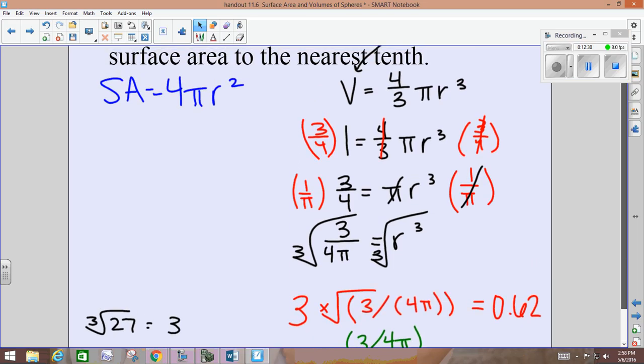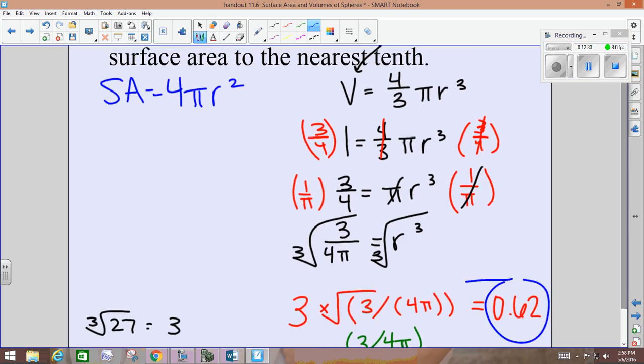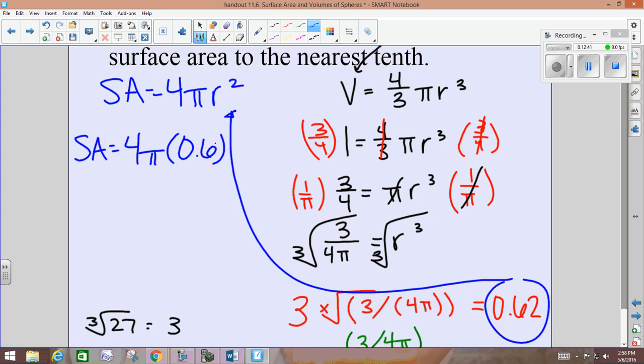So now we're going to take 0.62 and substitute it in over here to the surface area. So then you're going to have 4 pi times 0.62 squared. And then it says to round it to the nearest tenth.